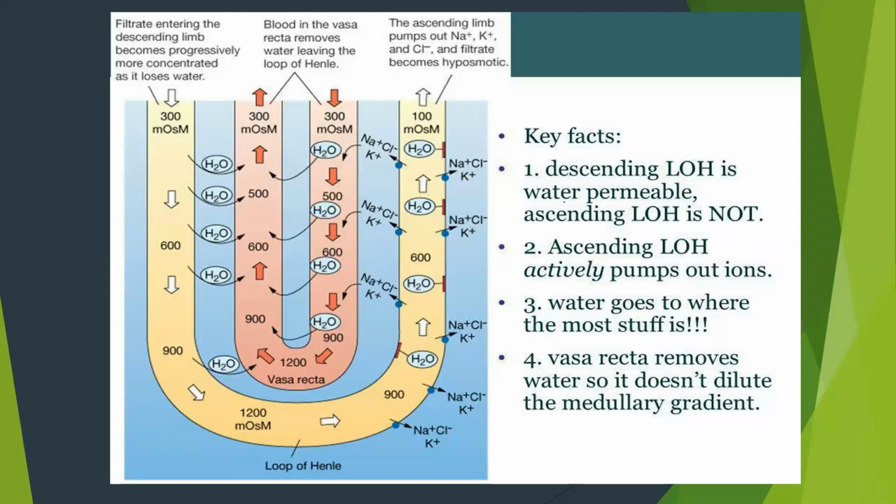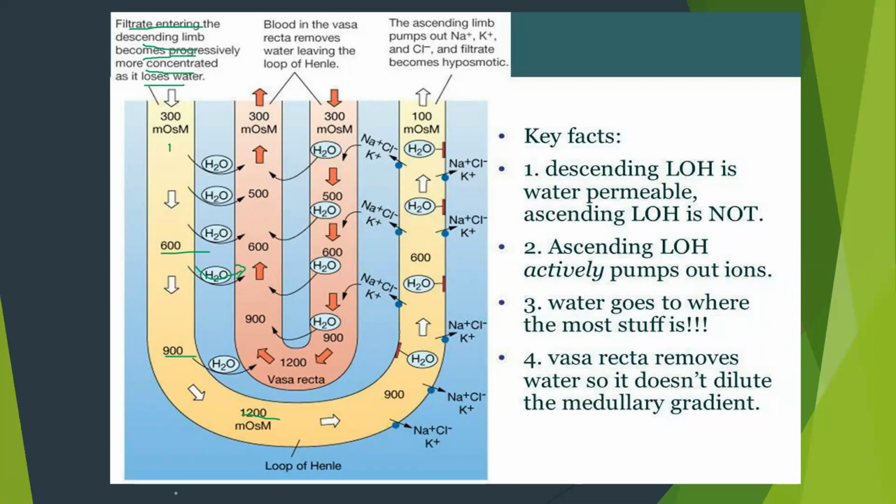You can see the filtrate entering the descending limb and becoming progressively more concentrated as it loses water: 300, then 600, then 900, then 1200 osmolarity. Why? Because you can see the arrow, the water is going out. And where is it going? Into the vasa recta, and in this limb of the vasa recta, the osmolarity is reducing.